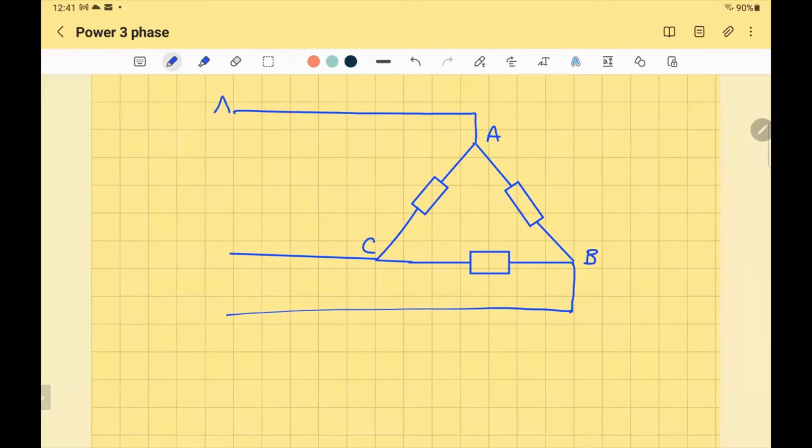The difference is this is a load, so it is not producing current, it is taking current. So that will be IA, IB, IC. The voltage will be the same. The phase and line voltages are equal, it doesn't matter whether it is a delta connection, load, or source.